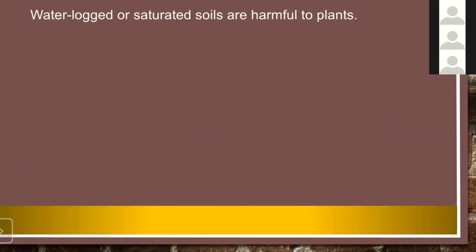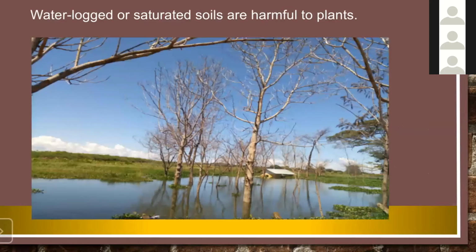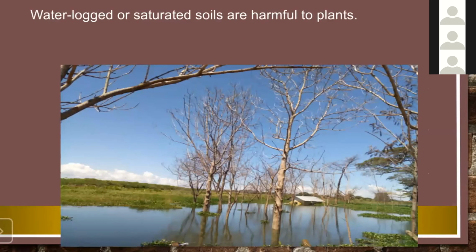I think this is where we're going to end. So what happens with the plants that grow in areas full of water? Right now, we're talking about land that is being swallowed up by water, flooded areas.